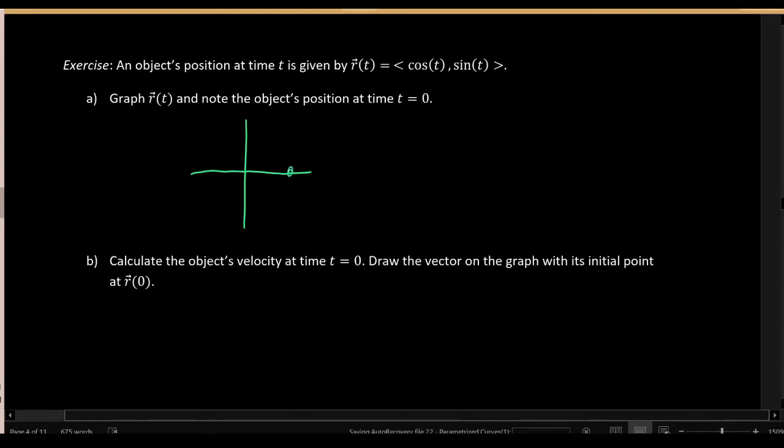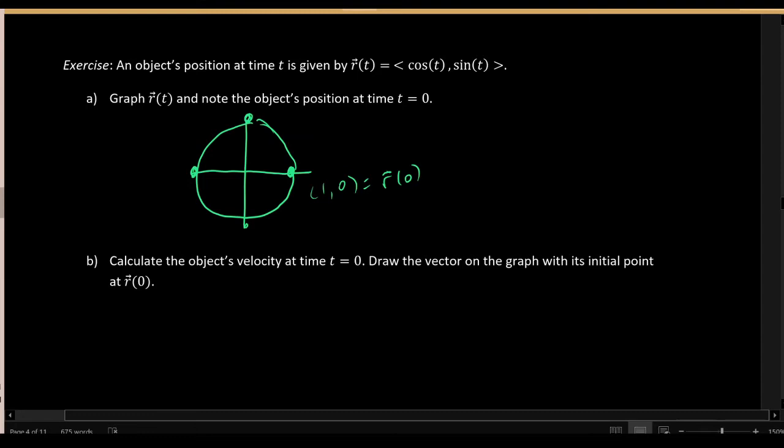So when time was equal to 0, the vector pointed to this location on the right side of the unit circle where we had (1, 0). Then it moved counterclockwise up to the North Pole, then to the left, and then down. Rough sketch, but it'll do.